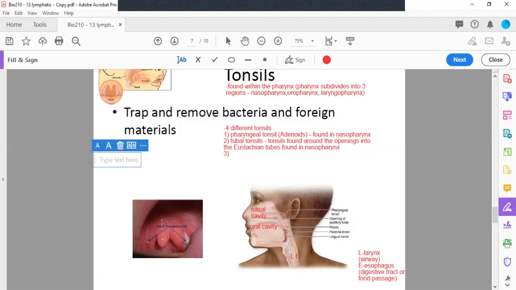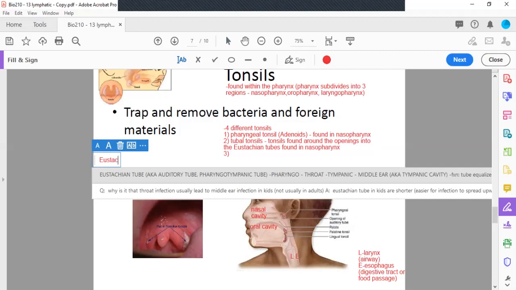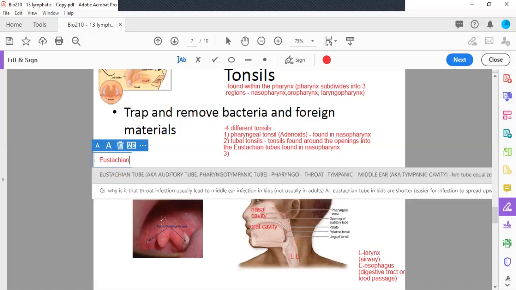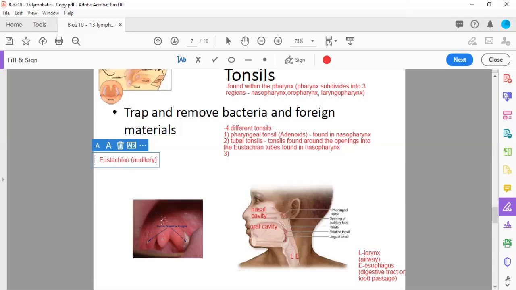The eustachian tube is basically an older term that a lot of people are used to. The eustachian tube, also known as the auditory tube, is a tube that connects the middle ear and the nasal pharynx.